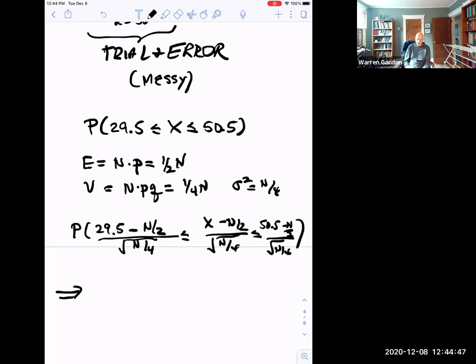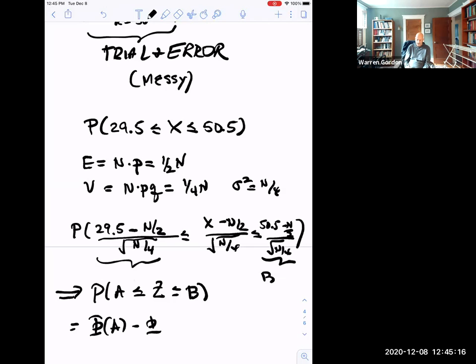By the central limit theorem, this becomes phi of... well, let me just, hold on, I skipped a step. So this becomes P of, let's call this number for a second A, okay? And I'll call this number B, which is equal to phi of A minus phi of B. And you want this to be greater than or equal to 0.96.